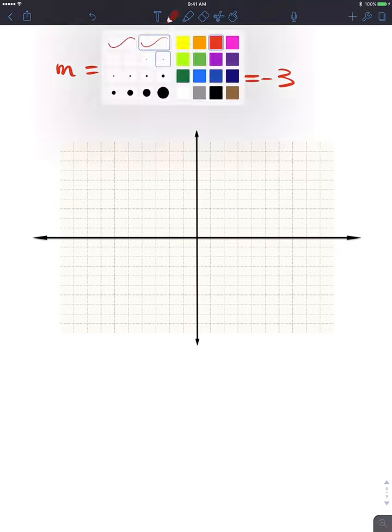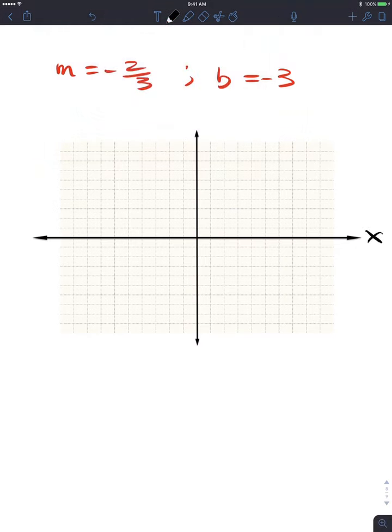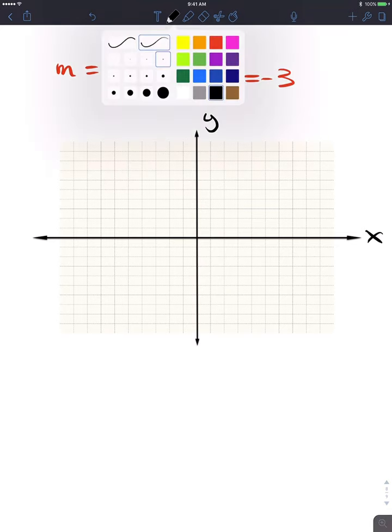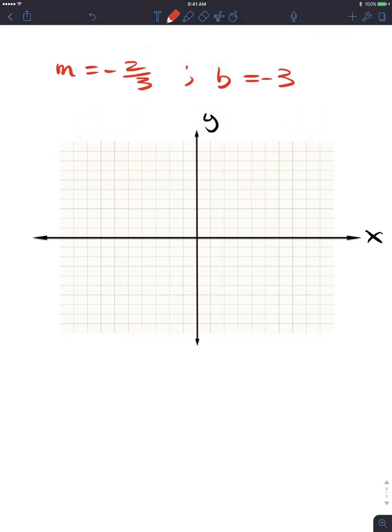This is my x-axis. This is my y-axis. Negative 3 is below on the y-axis. 1, 2, 3, right here. I'm now going to use my slope of negative 2/3. Now, keep the negative sign on top for your negative slope. What that means is I go down 1, 2, and to the right, 1, 2, 3 from that y-intercept.